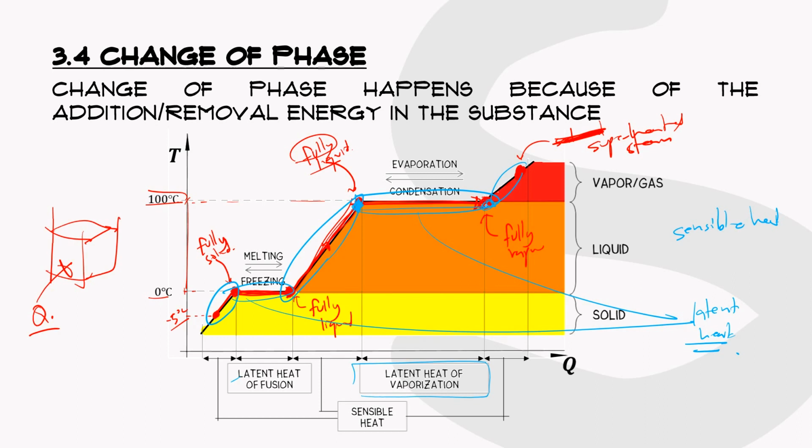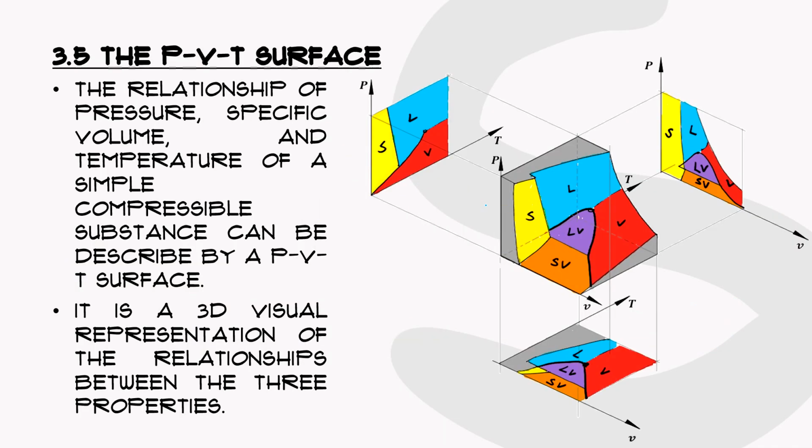Again, we're just having an overview of the phases or the change of phase because of the addition or removal of energy. Okay, so now we will introduce the PVT surface. The PVT surface is a surface plotting pressure, temperature, and volume.